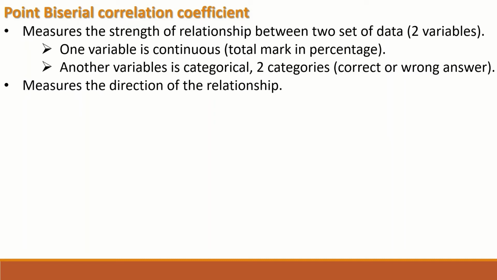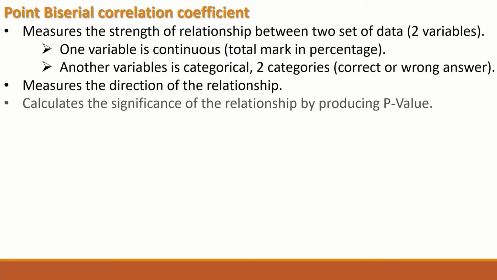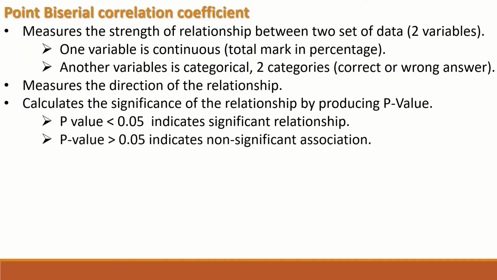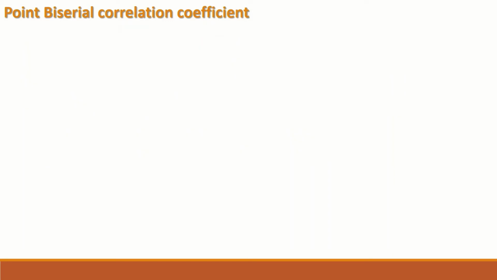The statistical test, the point biserial correlation coefficient, measures the direction of the relationship, and it calculates the significance of the relationship by producing a p-value. A p-value less than 0.05 indicates a significant relationship. A p-value greater than 0.05 indicates a non-significant association.